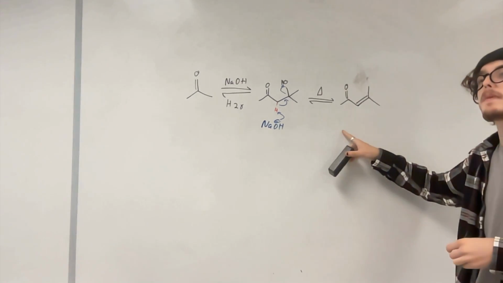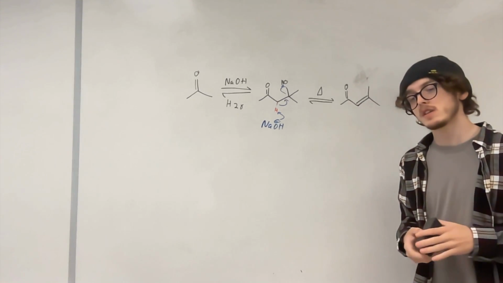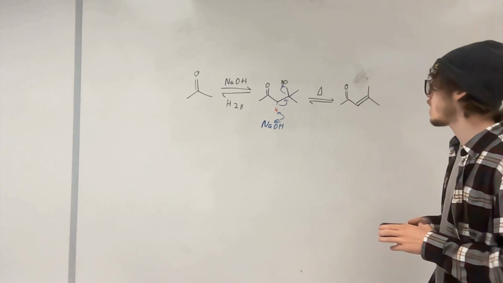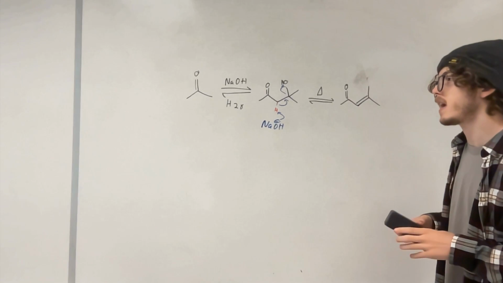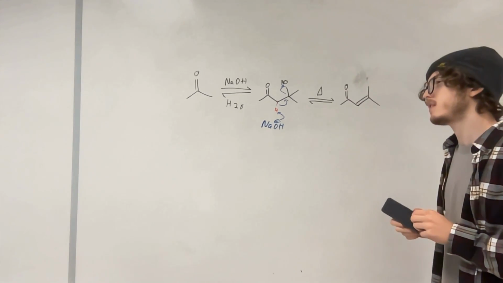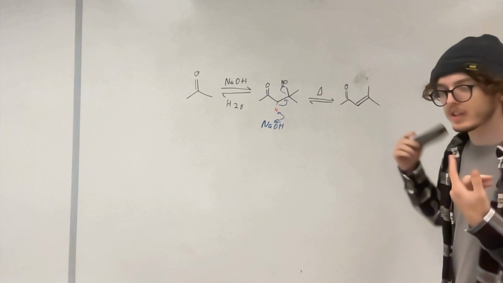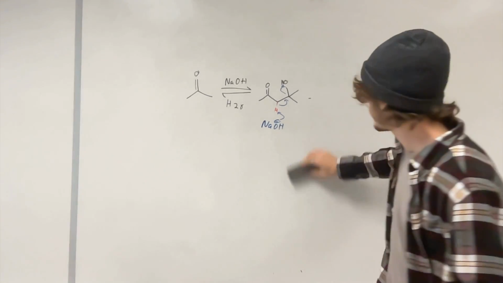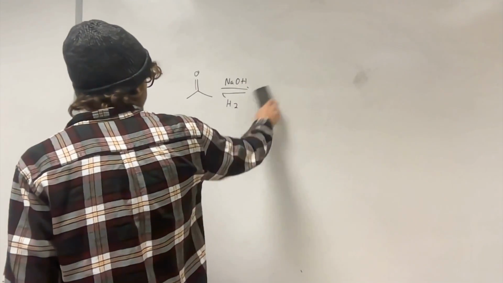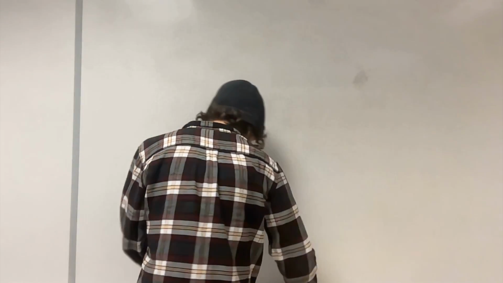This will actually come up again in the Michael reaction. We're going to see that this is subject to attack by some of the weak, I believe they're called Michael acceptors. I always get them switched in my head, because they don't really make sense the way that they're put. But anyways, that's aldol condensations.